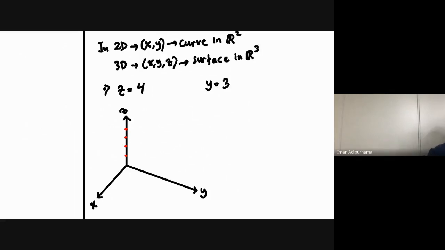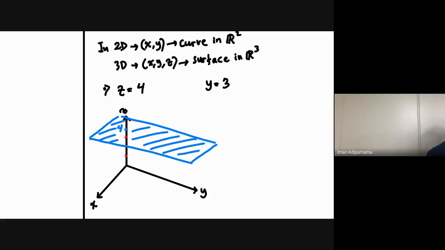What surface really means is if you only have z equal 4 as your equation, that means you have this entire surface.